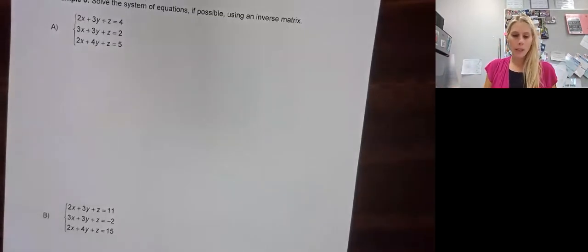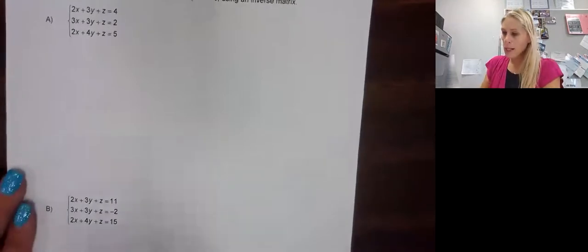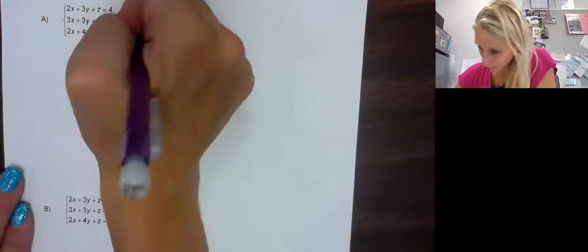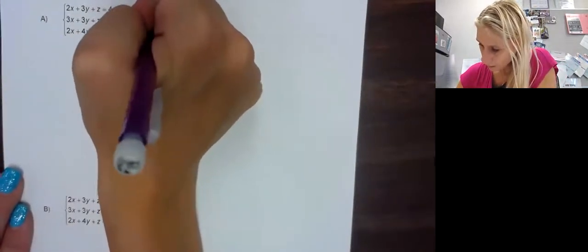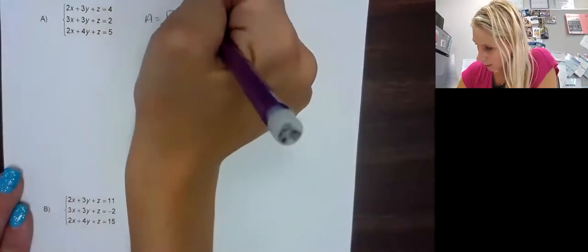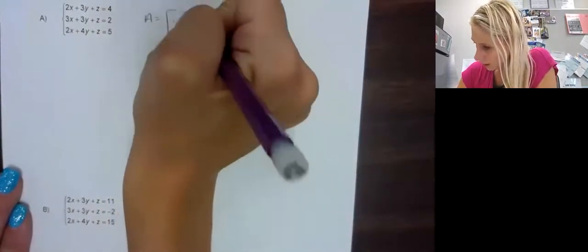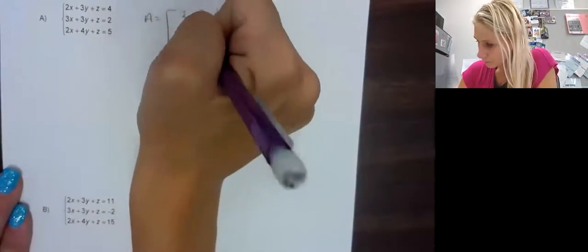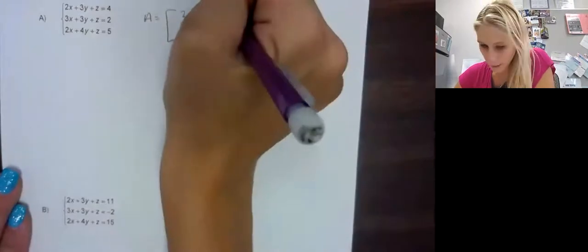Now, what I want you guys to see right here is realize that this matrix, our A matrix, which is 2, 3, 1, 3, 3, 1, should look familiar because we did this earlier.